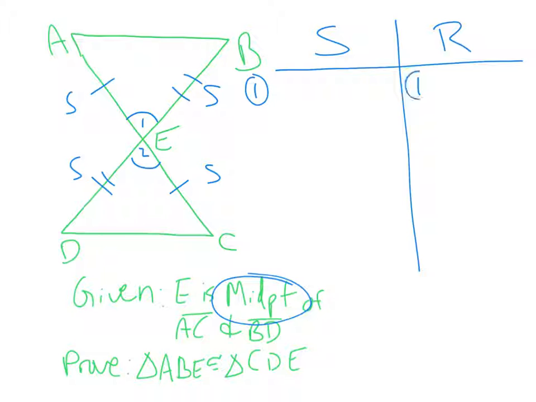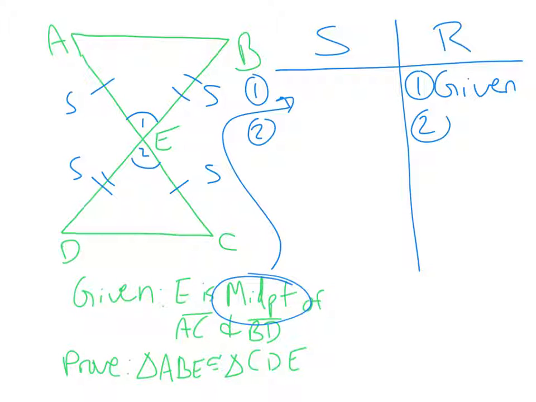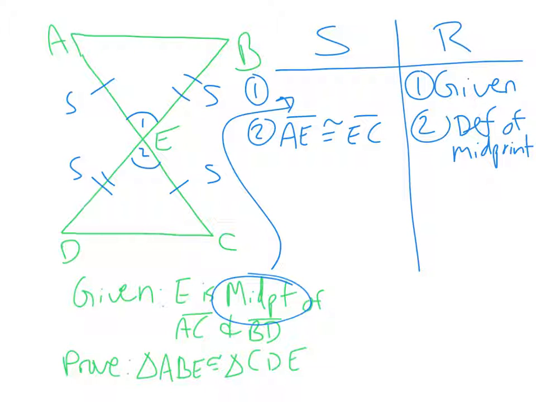All right, so I've got my given information. And now we can say that AE is congruent to EC by the definition of midpoint. Or if you just wrote midpoint, I'm okay with that as well.